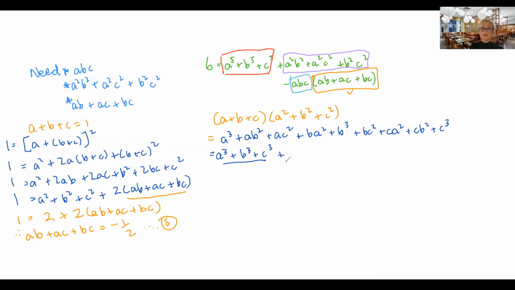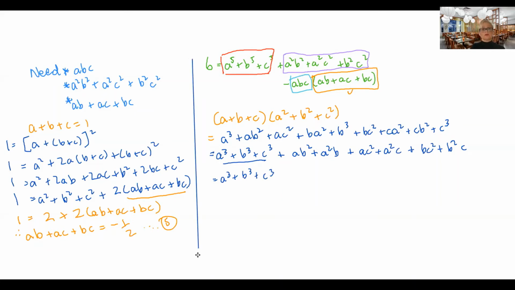We've got an AB squared plus a BA squared, so plus an A squared B. We've got an AC squared plus an A squared C, and we've got a BC squared and a B squared C. We did something similar to this over the other page, and what we did was, just put a line down here so we don't get confused where we're up to.